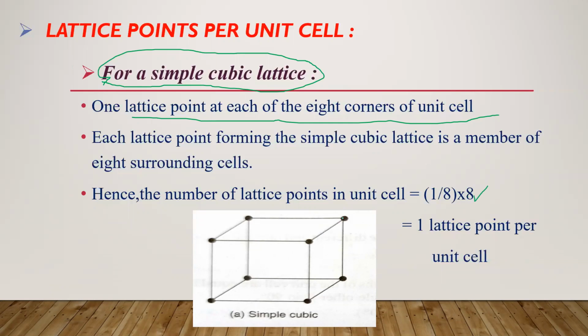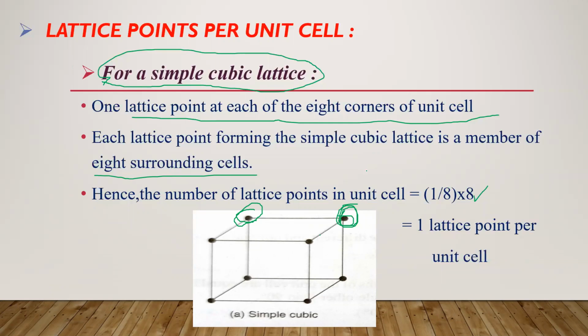This single lattice point is sharing its part with the other 7 unit cells. So the other 7 unit cells plus this unit cell come to 8 unit cells. Each and every single corner atom will be shared among 8 unit cells. See here, 8 are surrounding unit cells.